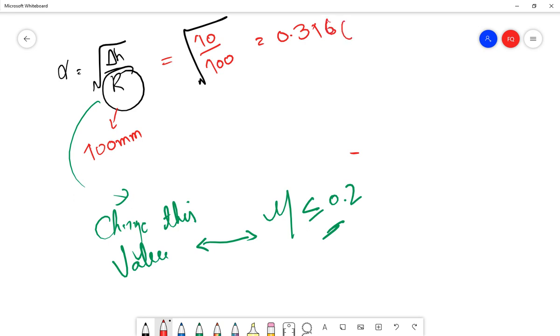Again, this is in radians, not in degrees. And then we can use this function, mu is equal to tan of alpha.